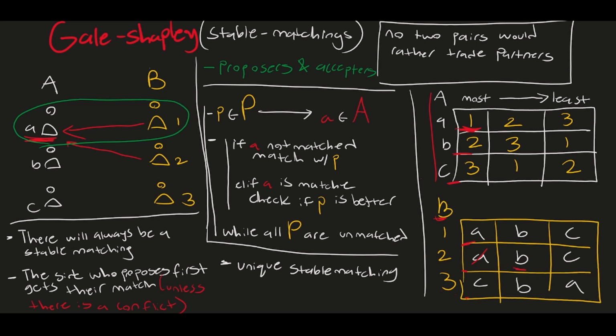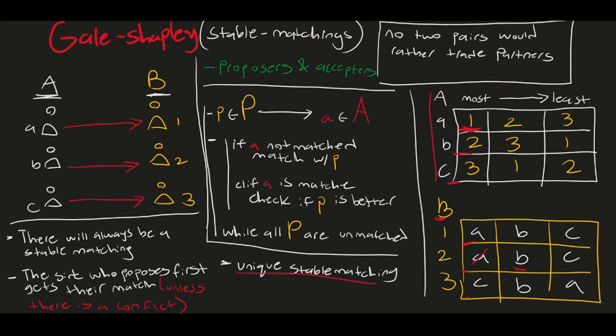A unique stable matching is when the same matchings occur whether A or B proposes first. That is a unique stable matching.